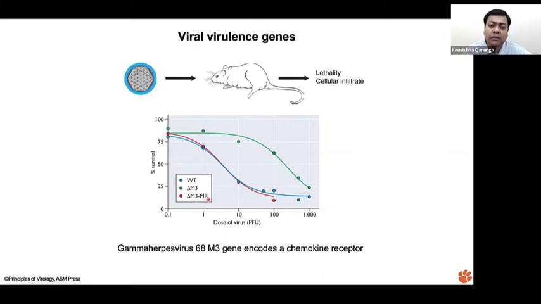This is an old term called marker rescue. And you can see that the red curve right here has an LD50 value exactly like the wild type. So you got the virulence back. This is one example of how this can be determined.